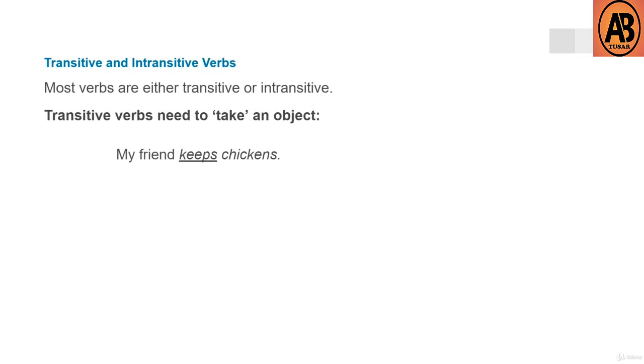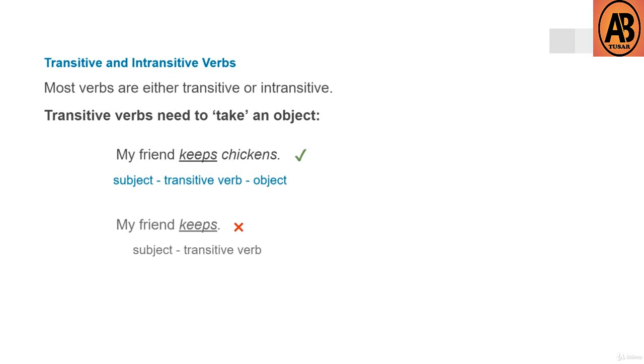My friend keeps chickens. My friend is the subject, the verb is keeps, and it has an object, chickens. This is correct. We can't say my friend keeps, because the verb keep must always take an object. It's transitive.